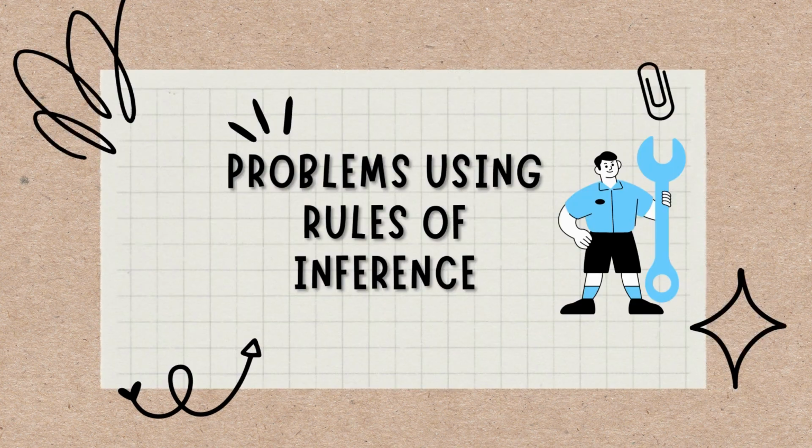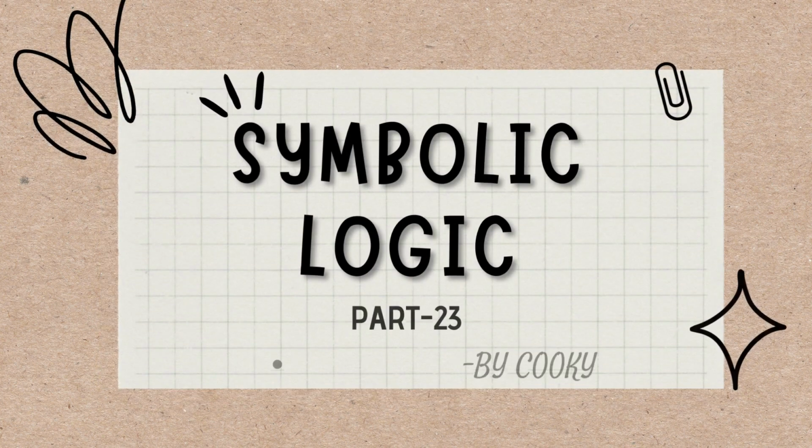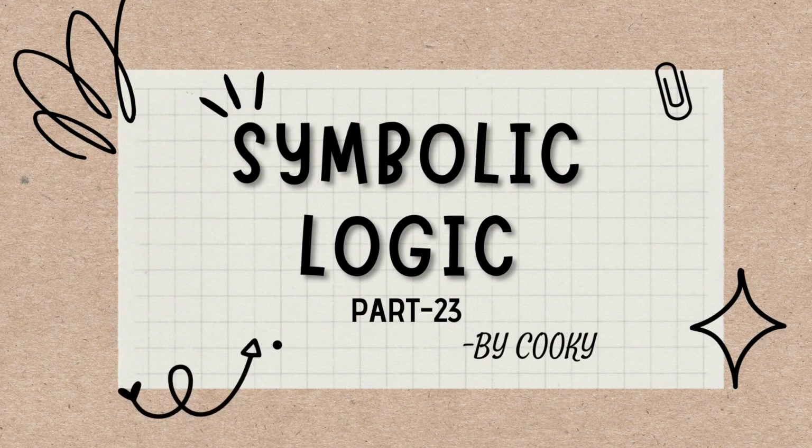In the previous session, we looked at problems using rules of inference and studied some rules of replacement. So far, to prove the validity of an argument, we made a toolbox, which consists of rules of inference and rules of replacement.